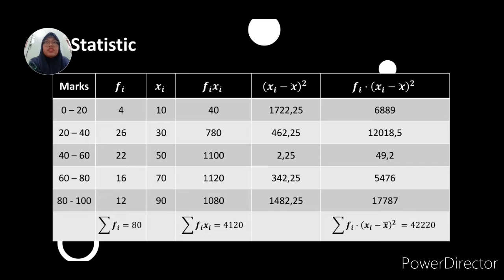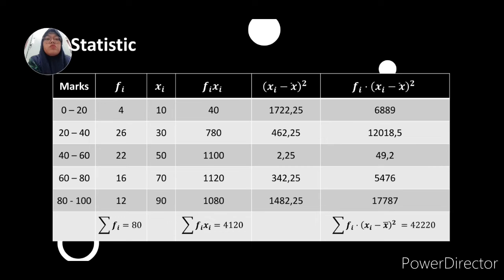The seventh question is about statistics. The following is the test score data. Marks, F subscript I is frequency, X subscript I is midpoint. Next column is frequency times midpoint.